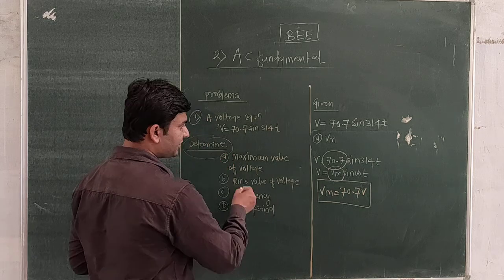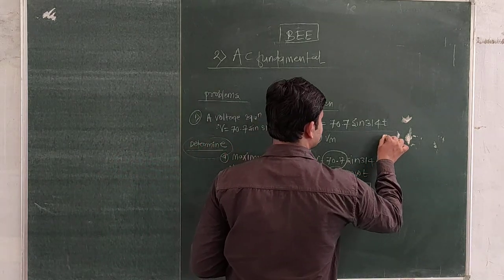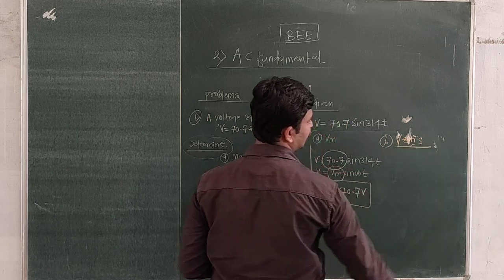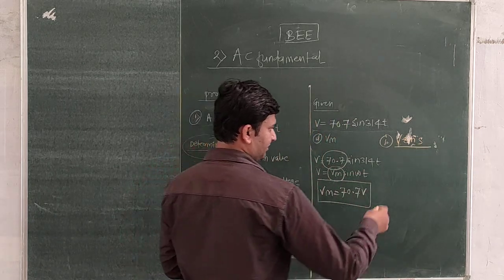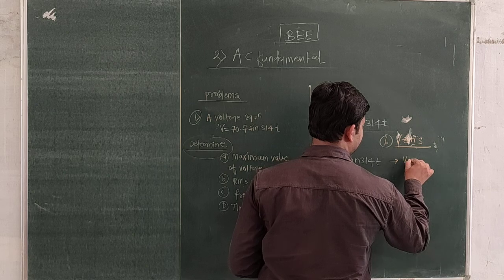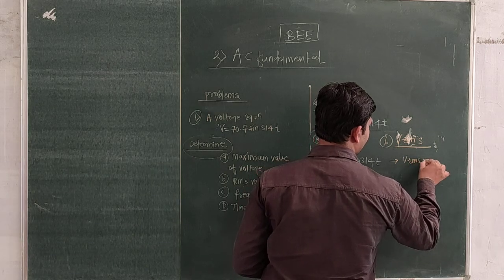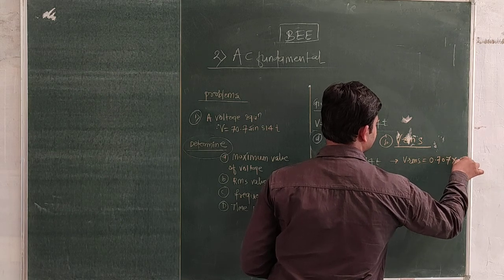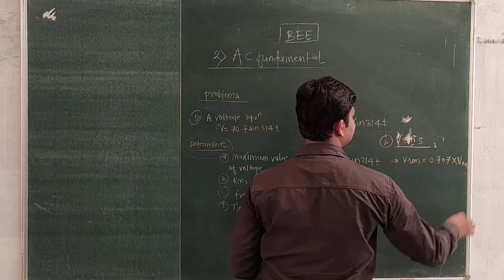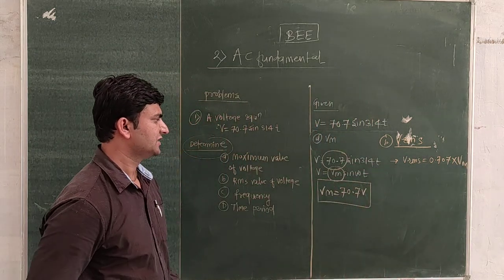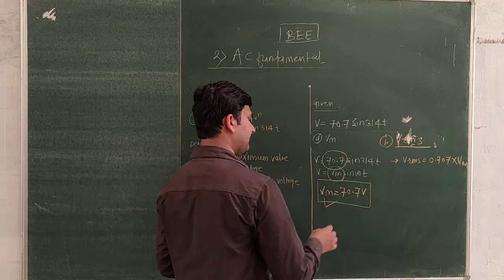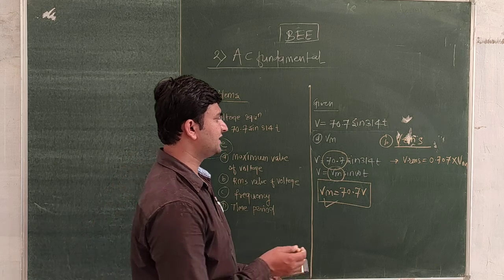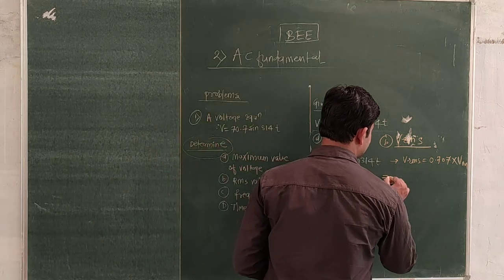Next, which quantity do we have to calculate? That is the RMS voltage. We have to know the formula between the RMS voltage and the maximum voltage: 0.707 into the maximum value of voltage. Here we know the value of maximum voltage, so we can determine the RMS value.